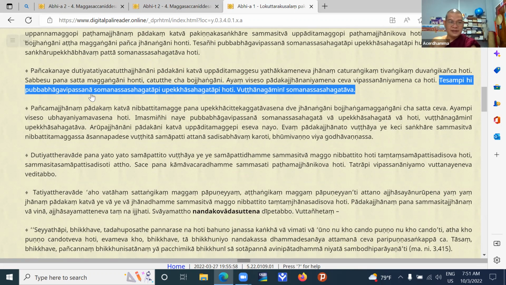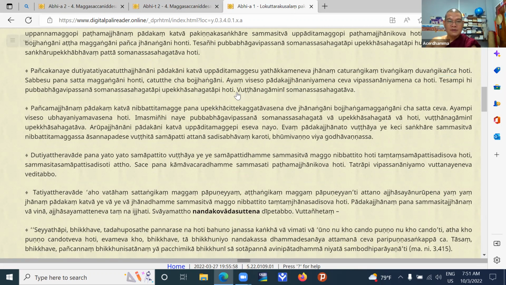Before saccavibhaṅga jnana, during the Vipassana process, the knowledge can be associated with somanasa or with upekkha. But Uddhana Gamini, somanasa sakadawa.